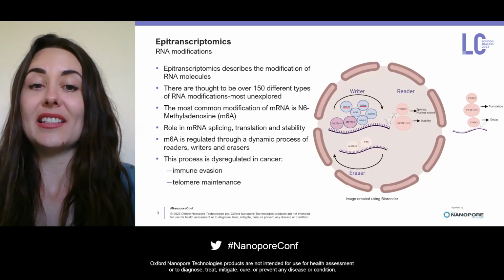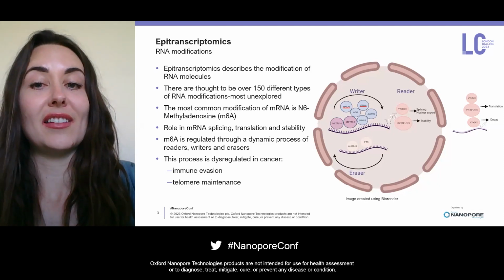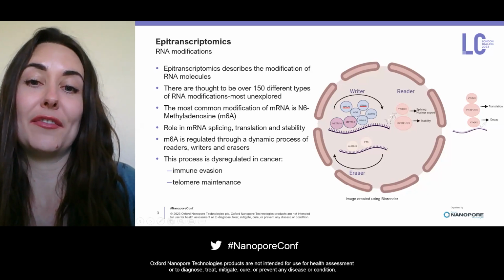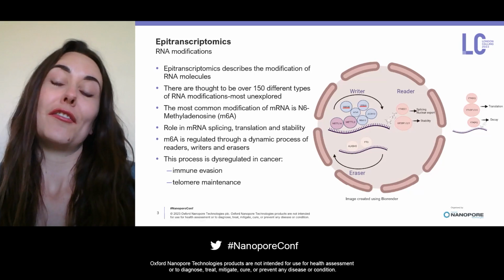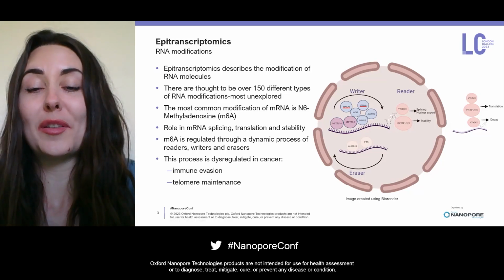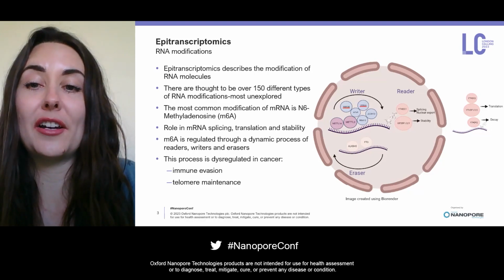M6A is actually regulated through a highly dynamic process of readers, writers, and erasers. If you just look to your right, you can see there's a writer complex with the main catalyst being the m6A, which has the methyl group.